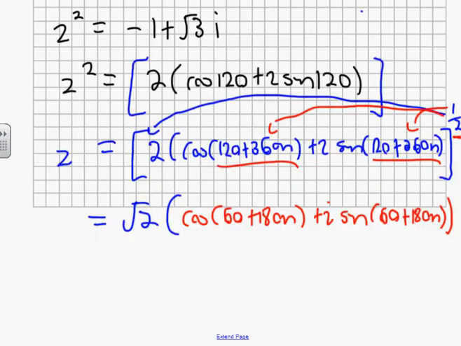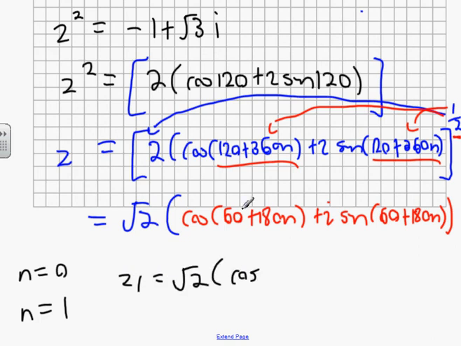Okay, you go downwards. You go, okay, I need two answers. I need the answer when n equals 0, and I need the answer when n equals 1. How do I know it's only two answers? Z squared. Z cubed, 3 answers. Z to the 4, 4 answers. Okay, 2 answers only. Z1 equals root 2. What's cos 60 plus 180?